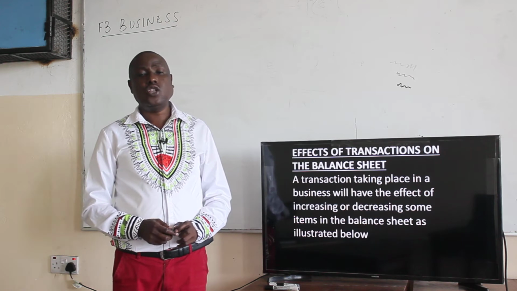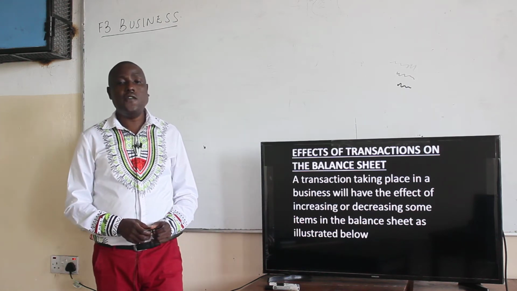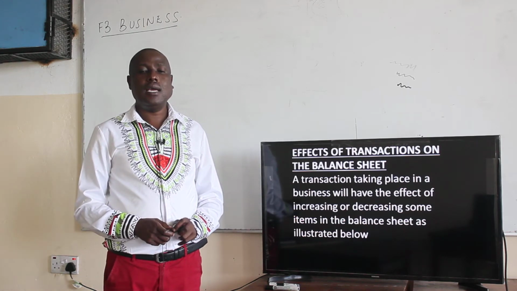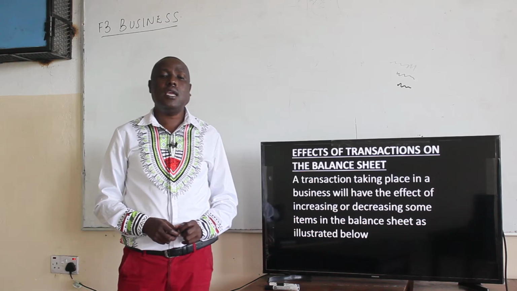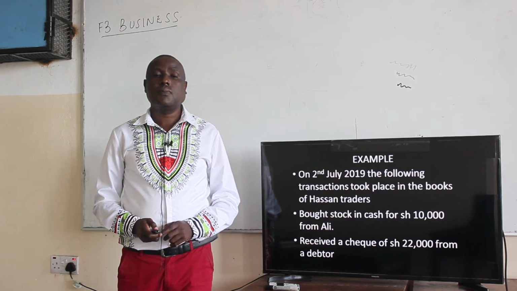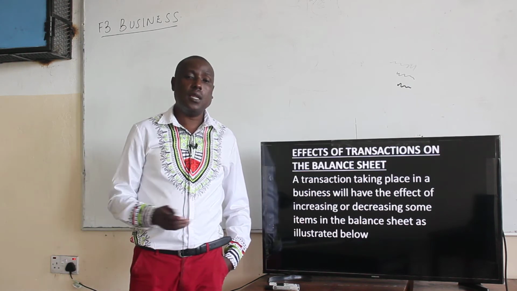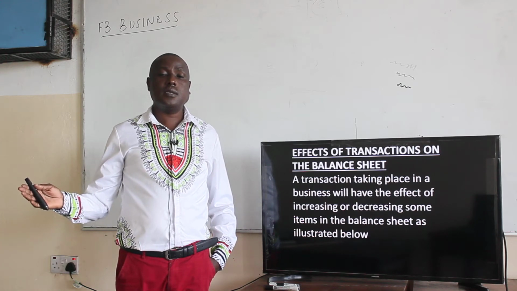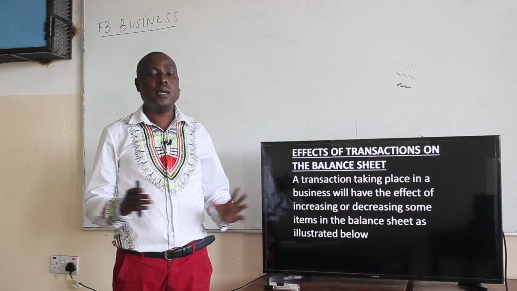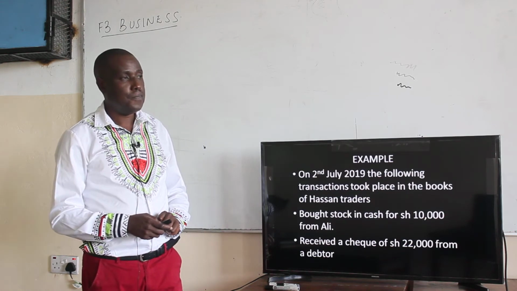Now, a transaction taking place in a business will have the effect of increasing or decreasing some items in the balance sheet as illustrated below. Alright, so when you have any transaction in business, it can increase or decrease some items in the balance sheet, as we can see.